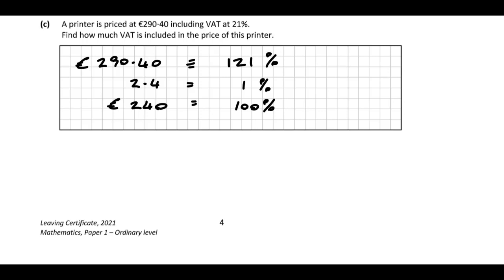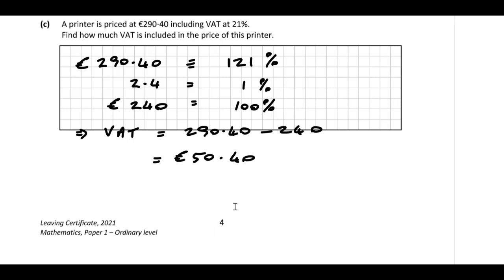So that means the price before VAT was €240. So that means the actual VAT amount is going to be equal to 290.40 minus the 240. That's €50 and 40 cents. So that's how much VAT was actually added to the price of the printer.